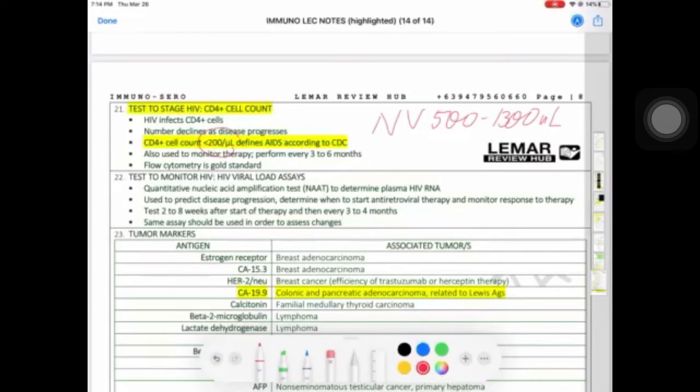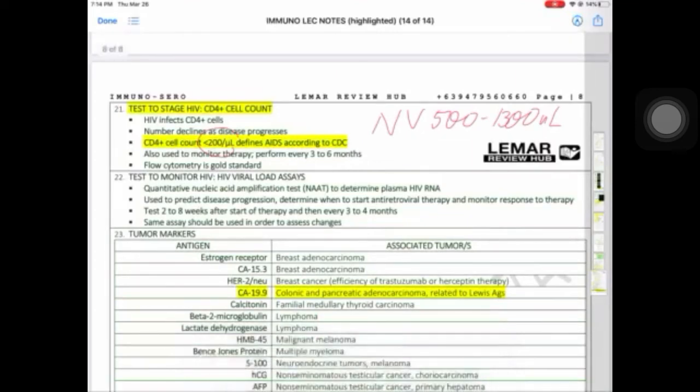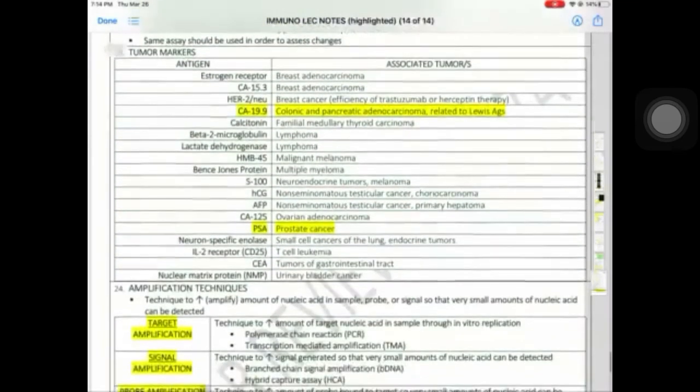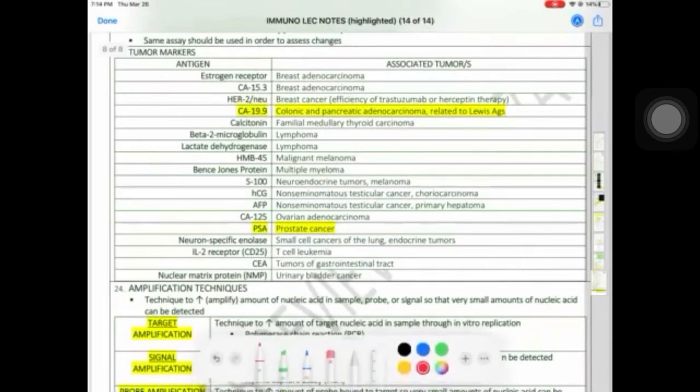Yung mga tumor markers, huwag kakalimutan: estrogen receptor, CA15-3, HER2, these are markers for breast cancer. CA19.9, it is a marker for pancreatic cancer. So pag tinanong tayo, a patient with pancreatic cancer, cancer antigen 19.9.